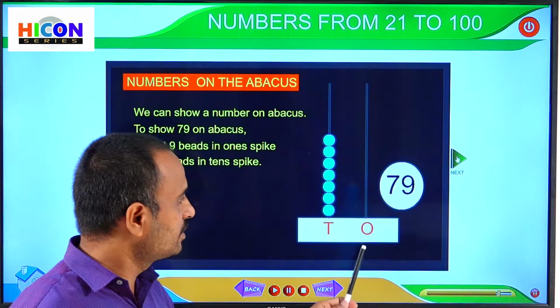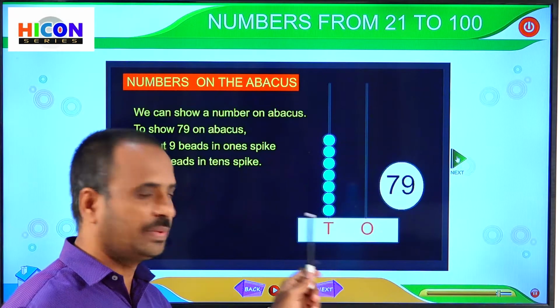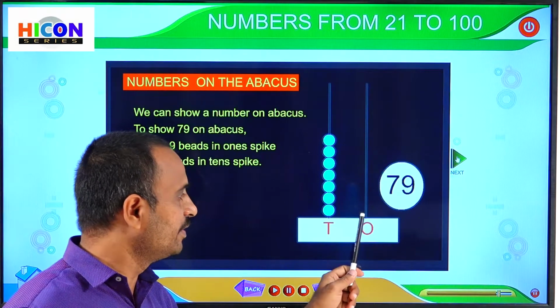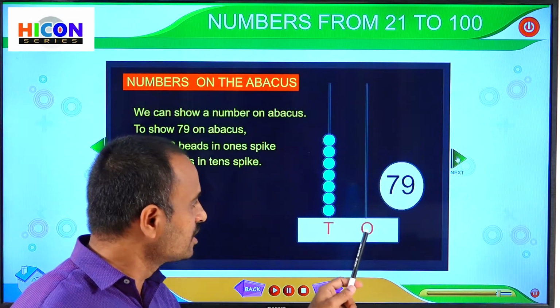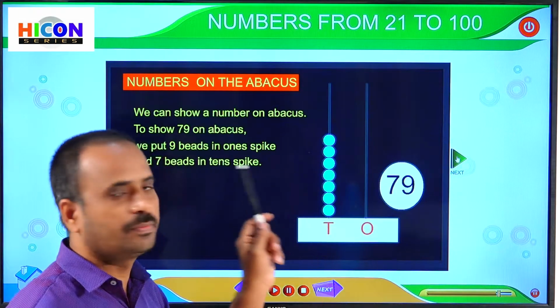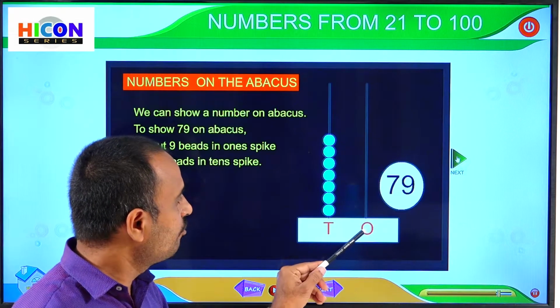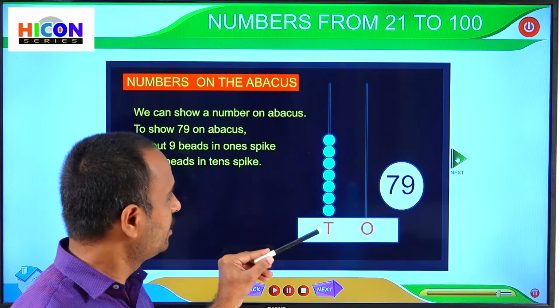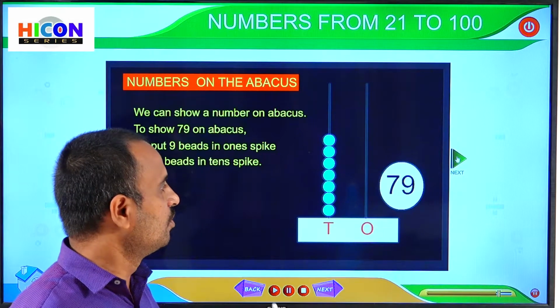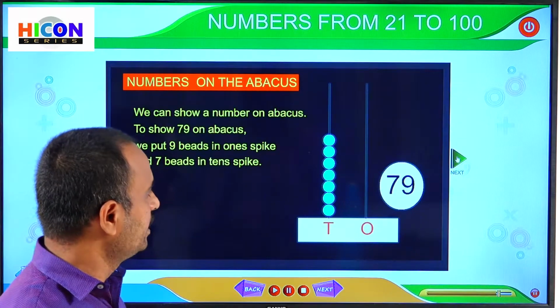In the abacus, there will also be 2 spikes. This is a 2-digit number, that's why there will be 2 spikes. One spike is for the ones place and one spike is for the tens place. This is called the ones place spike, and this spike is called the tens place spike. Now how can we represent it?